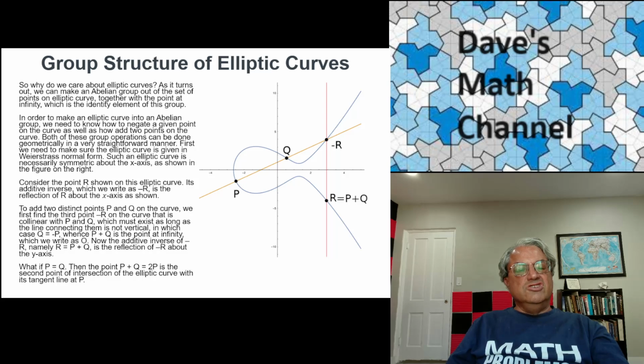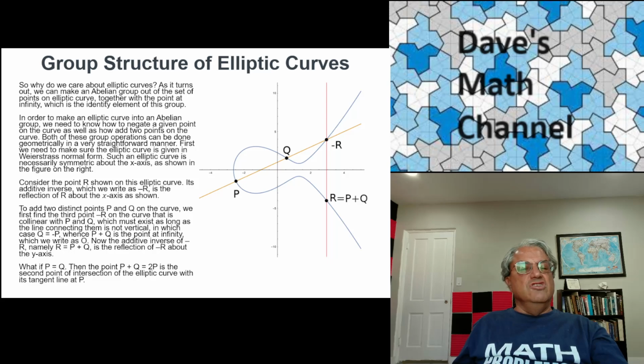And it turns out that we can add points or subtract points, if you like, on elliptic curves. So elliptic curves are endowed with this group arithmetic. In order to make a group out of an elliptic curve, you have to first define how to do the group operations, which are really just negation and addition.